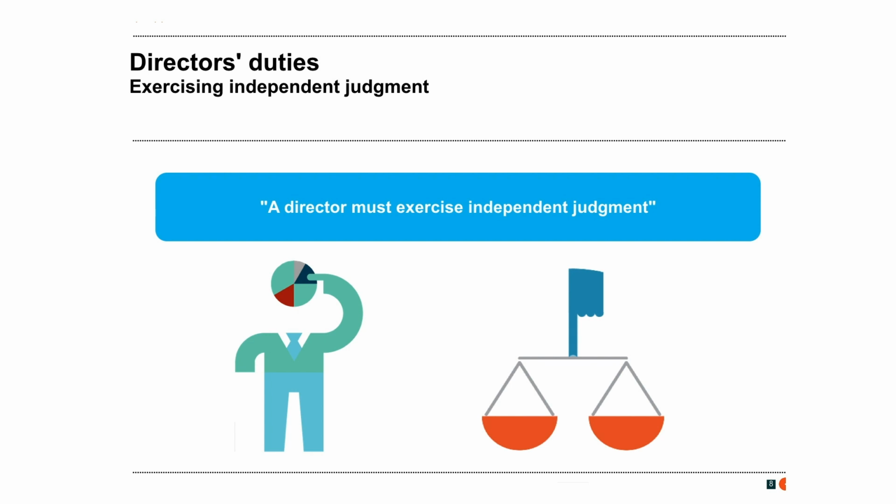The duty is subject to a couple of provisos, the most important being that directors can enter into an agreement which restricts the future exercise of discretion by them. For example, a commitment to do something in the future, provided it is consistent with the board's other duties, in particular the duty to promote the success of the company, to enter into that commitment at the time.